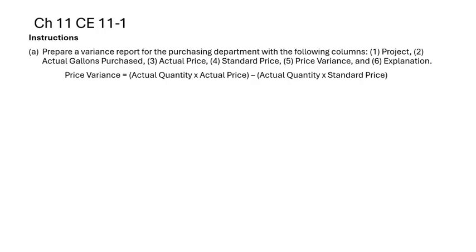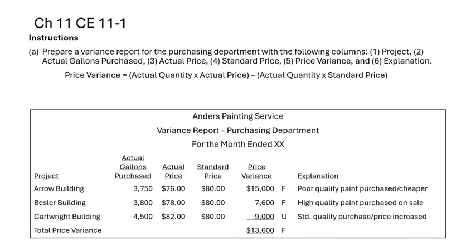In one we use actual price, the other we use standard price. So when we do that report, it'll look like this. We have our actual gallons purchased, the actual price we paid per gallon, the standard price, the price variance, whether it's favorable or unfavorable, and then the explanation.